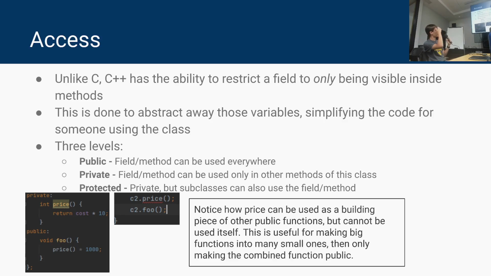I highly recommend using private to encapsulate. Essentially, the idea here is you only expose what you want people to be able to see. Anything you put in the private section is an implementation detail that you want to be able to change however you want, and it won't affect people's code. For example, let's say you have a heap structure, and there's a get function for get top or whatever, and a sort method.